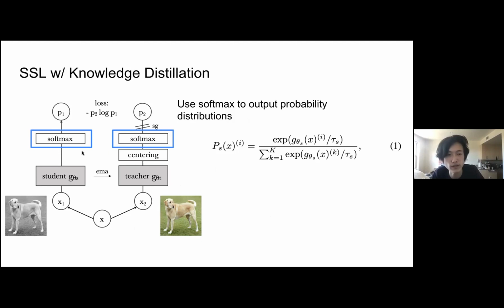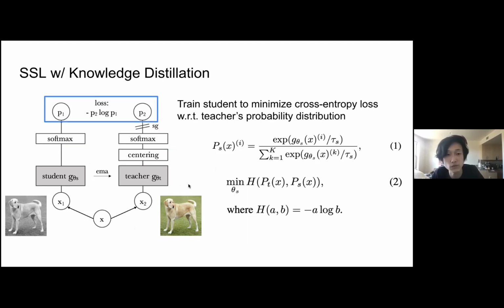Instead, what we do is we softmax those representations, which gives us P1 and P2, a distribution over the K dimensions. Then we try to minimize the cross entropy loss between the softmax distribution of the representation from the student and that of the teacher. And as I said before, it's still not clear to me why this is preferable to the InfoNCE stuff.